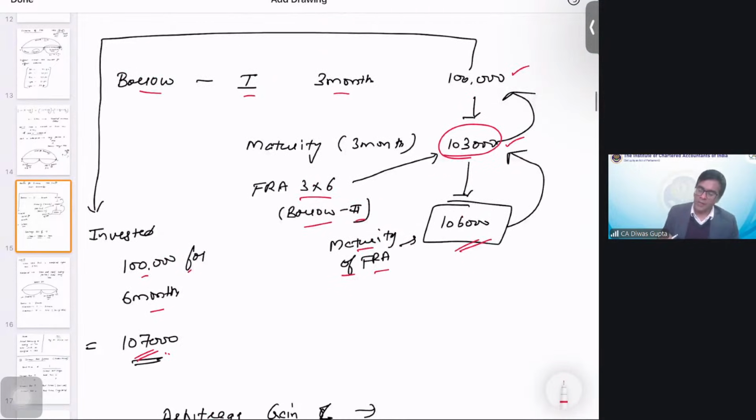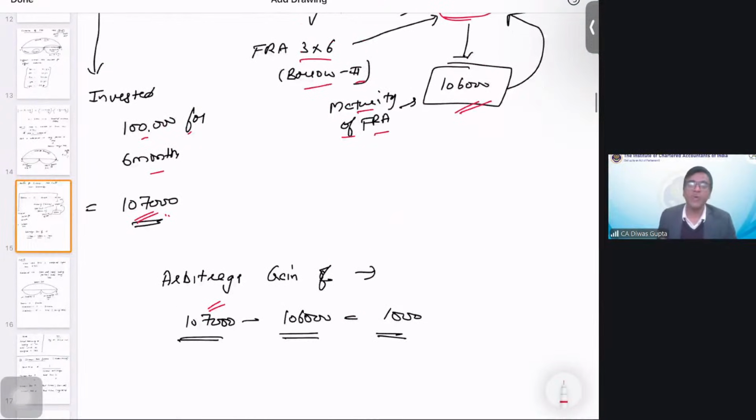On the maturity of this FRA, we will have to pay 1 lakh 6,000, and hence on a net basis we get 1,000 rupees as arbitrage, as a sure shot profit, a riskless profit. Arbitrage means that you are taking the benefit of differences in the rate in two different markets. Not exchange rate here, sorry, the interest rate in two different markets.